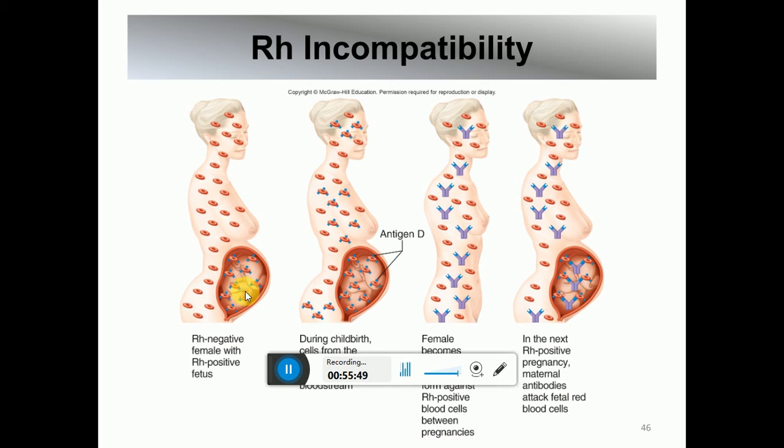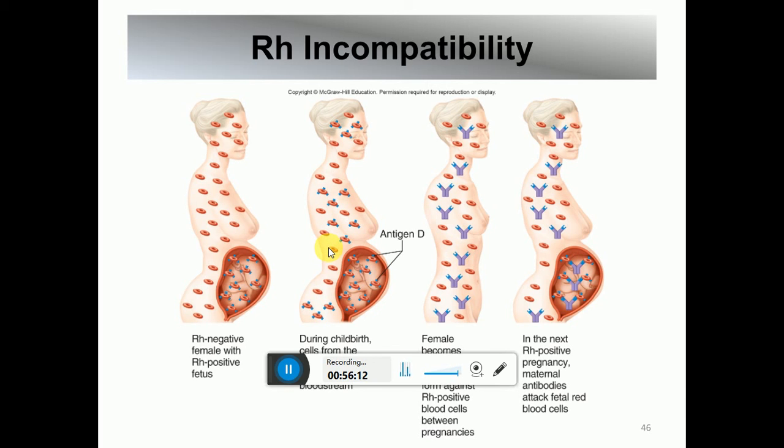That means this fetus has an antigen that the mother has never seen before, and that again is your Rh antigen. During delivery, there is usually a little bit of mixing of blood between mom and baby in the placenta. So now some of the antigen has reached the bloodstream of mom.